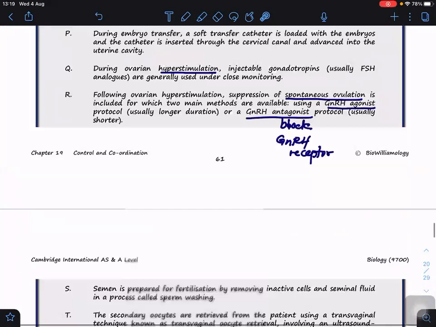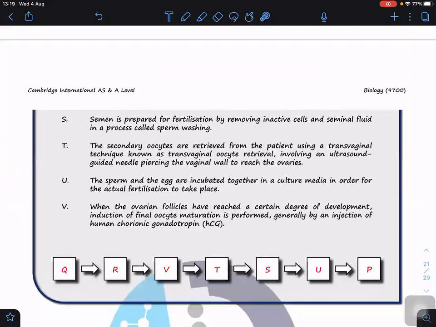Then after that, the semen is also prepared for the fertilization by removing inactive cells and seminal fluids in a process called sperm washing. So we just need some active cells to be available. Okay, and in order to increase the success rate, now they go for ICSI, intracytoplasmic sperm injection. Basically, they take the sperm and inject it.